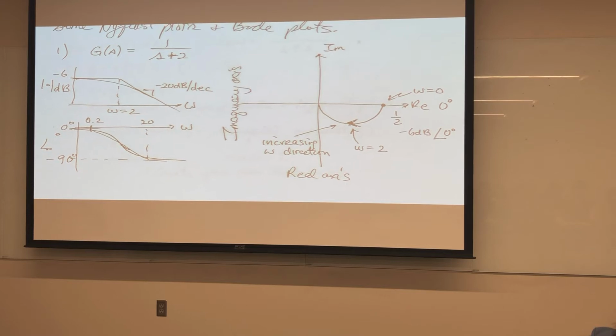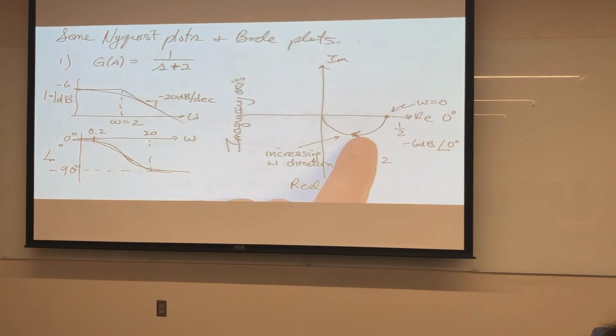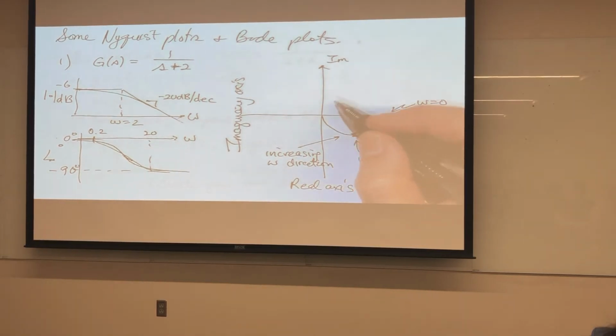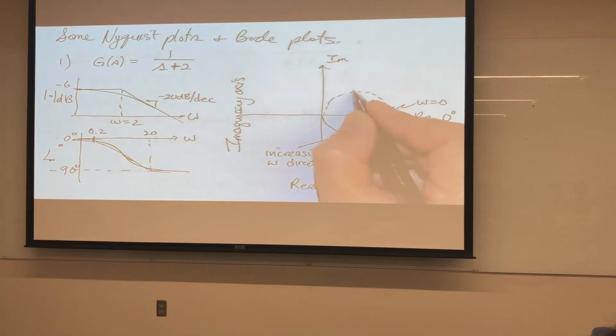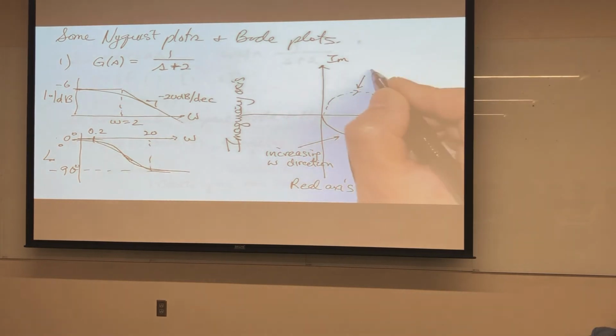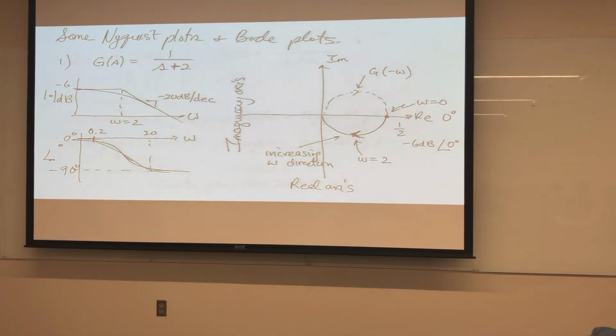Now, when you ask MATLAB to do the Nyquist plot, it's going to give you this, but it's also going to draw this diagram. I'm going to put it in with a dashed line. MATLAB's not going to put it in with a dashed line. It's going to just draw it in completely. This is G of negative omega. This is the negative frequency scale.